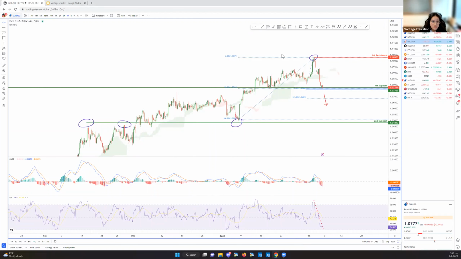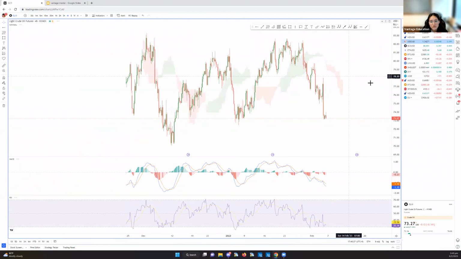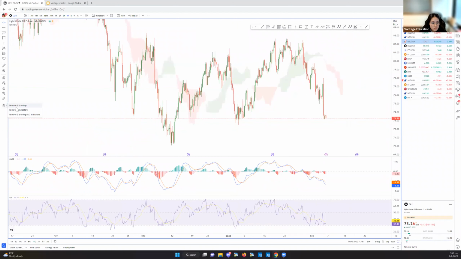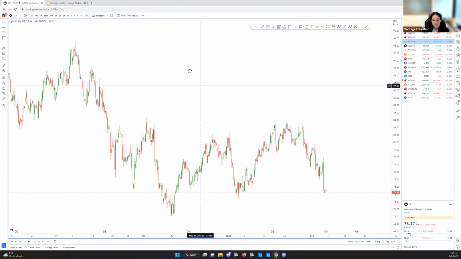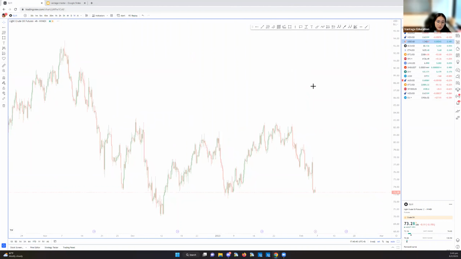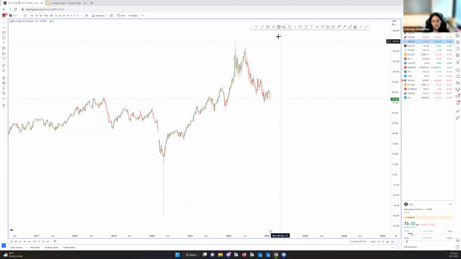Okay, so let's go ahead and do crude oil. Same thing, I'm going to start from the weekly time frame. You can see price broke through this upward trend line.